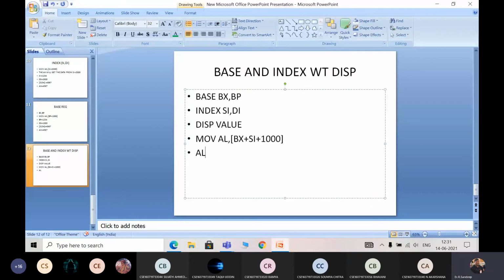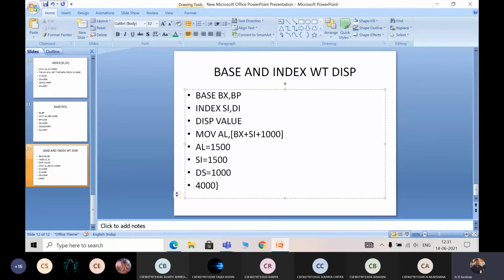Now the BX value is equal to 1500 and the SI value is equal to 1500, and 1000 we are adding as a displacement. So altogether what is the value? 4000.